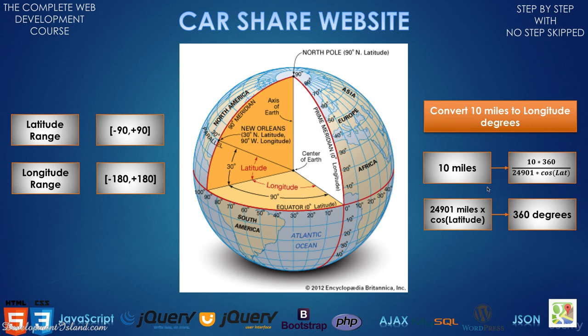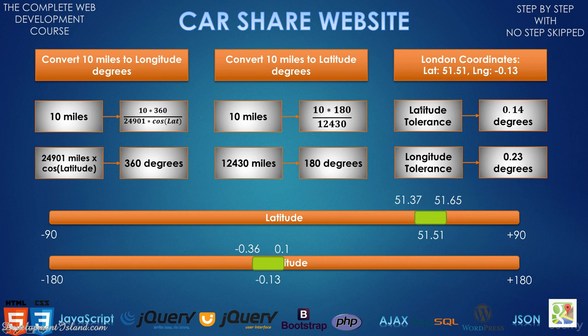Now let's pick an example. Let's go to London. These are the coordinates of London. If we do the maths, the tolerance for the latitude is 0.14 degrees, and the tolerance for the longitude is 0.23 degrees. The latitude of London is 51.51, so we're looking at a range of 51.51 plus or minus 0.14.